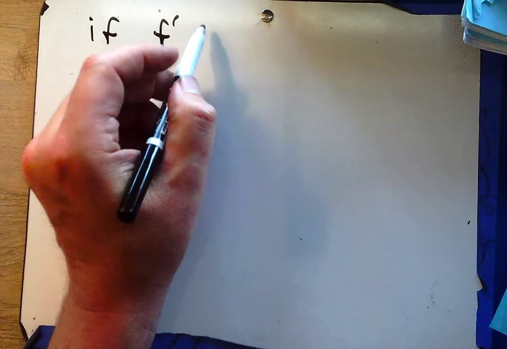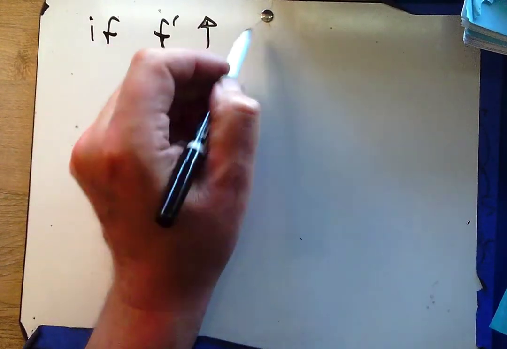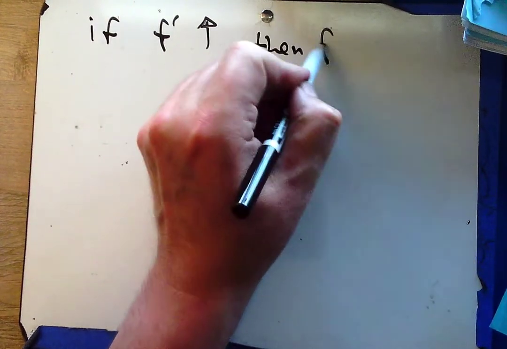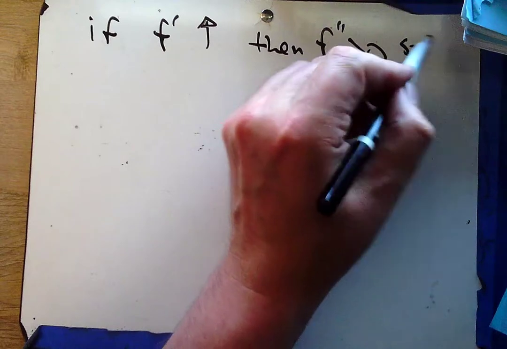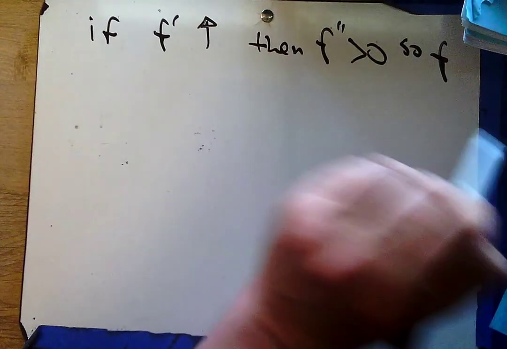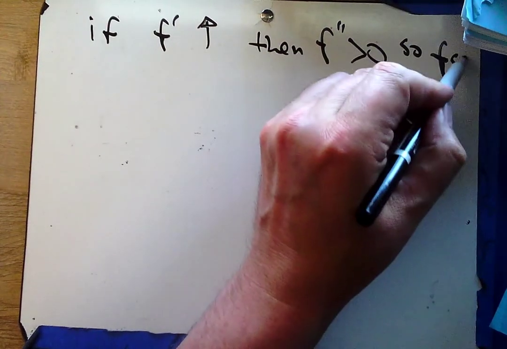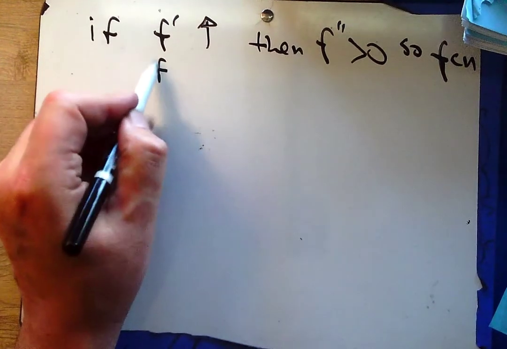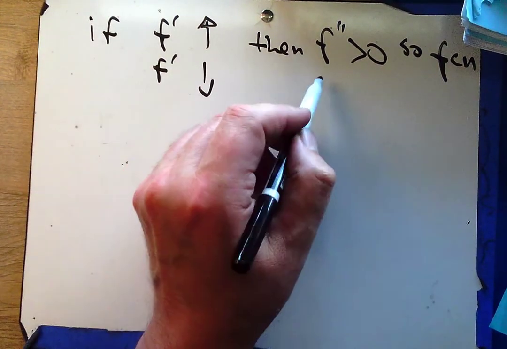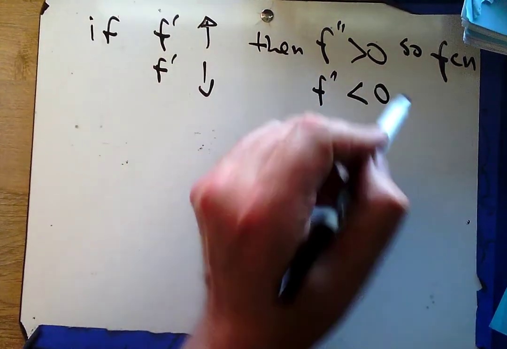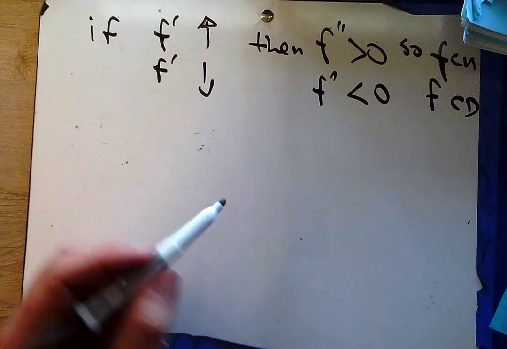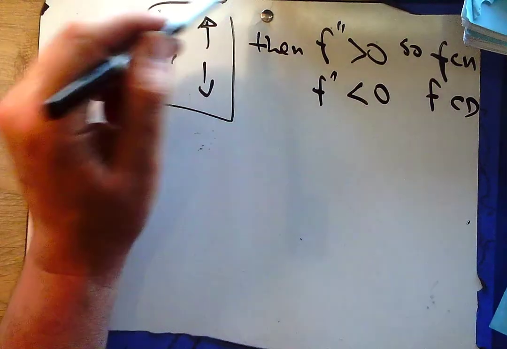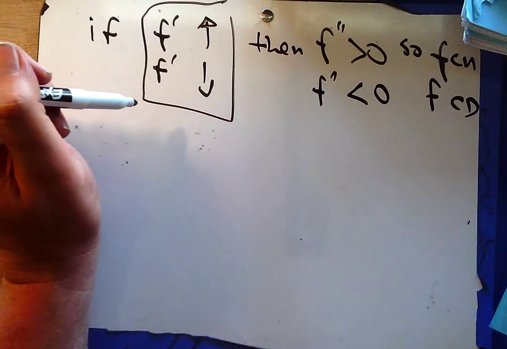So if f prime is increasing, then f double prime is greater than 0, so f is concave up. And if f prime is decreasing, then f double prime will be less than 0, and so f will be concave down. Frequently, the AP exam puts us in this position.